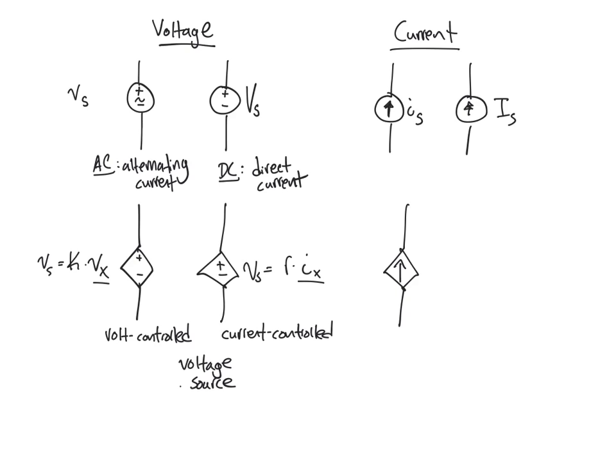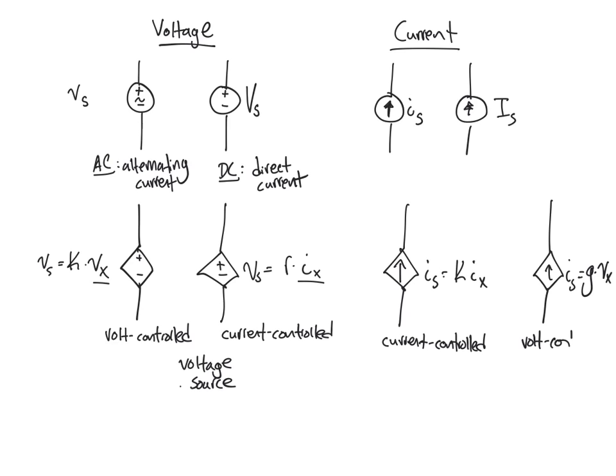It's still a diamond, just with an arrow inside it, where the value might depend on another parameter inside your circuit, for example, Ix, or the value might depend on a voltage Vx. So this would be called a current-controlled and voltage-controlled current source.